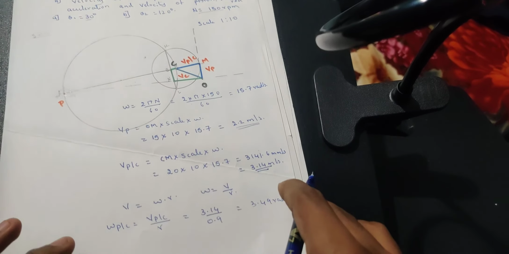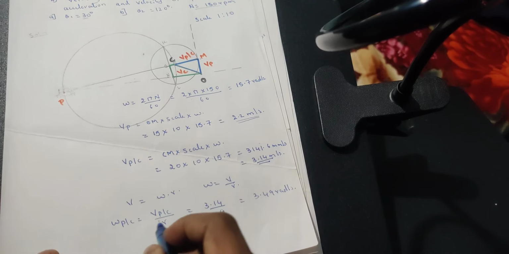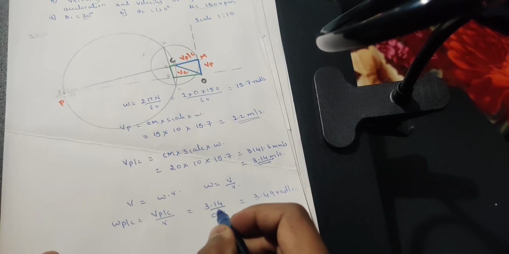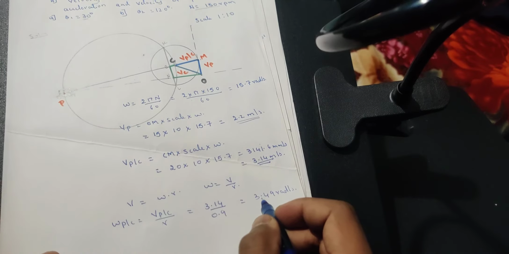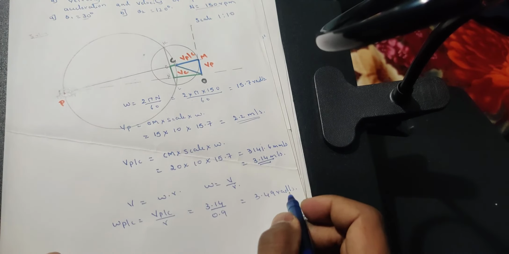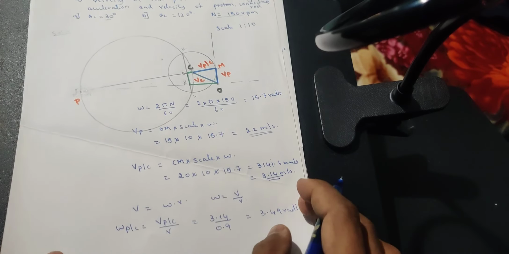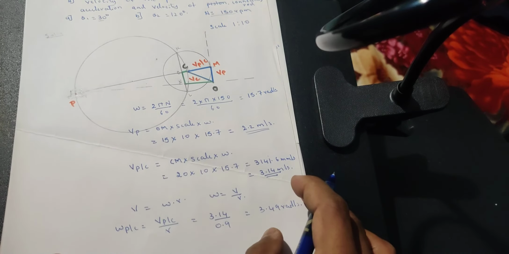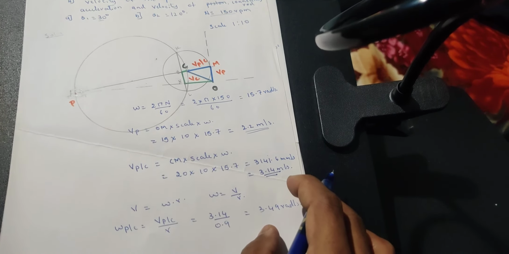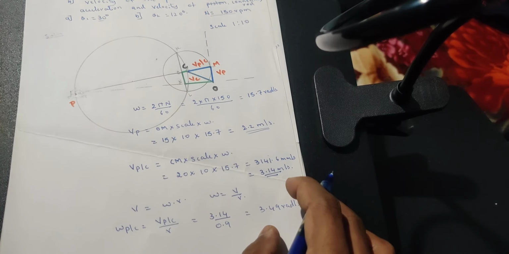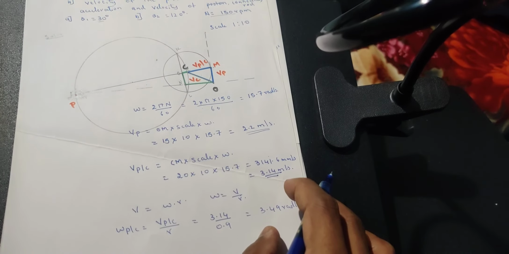We know the relationship between them: omega PC is VPC by r. So 3.14 divided by 0.9 will be 3.49 radians per second. Similarly, we have to find out the acceleration of the piston as well as the angular acceleration of the connecting rod.